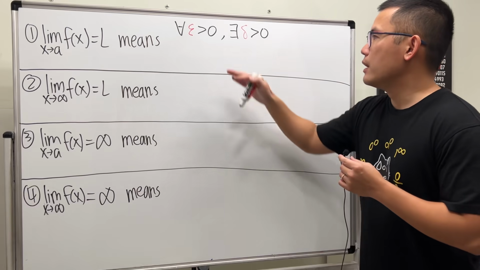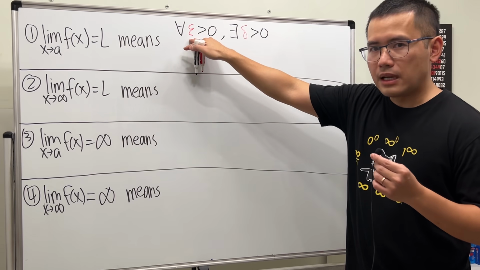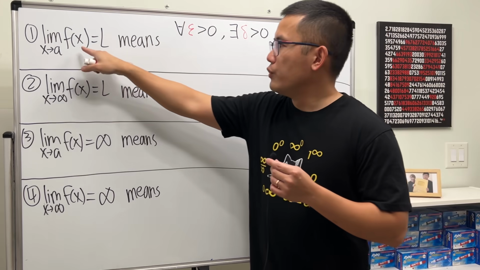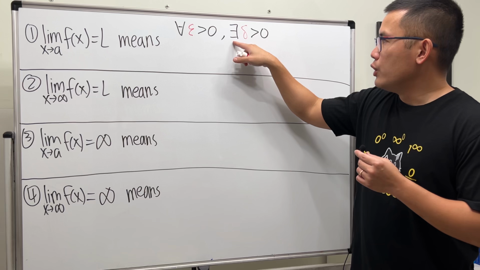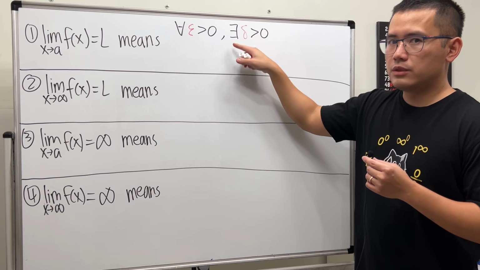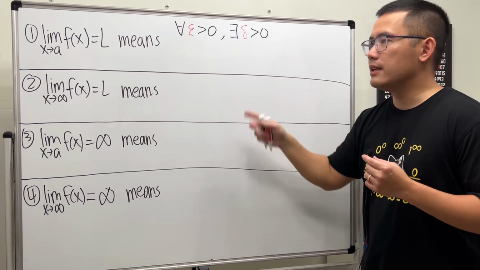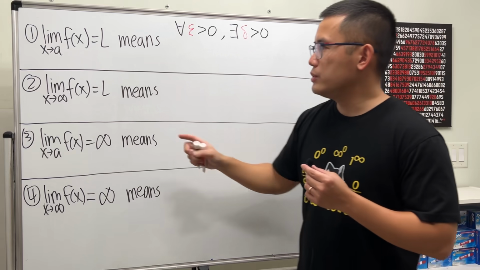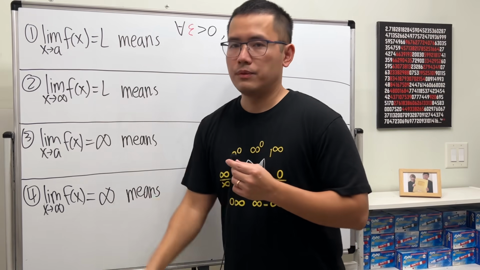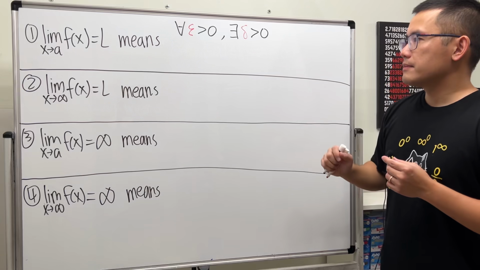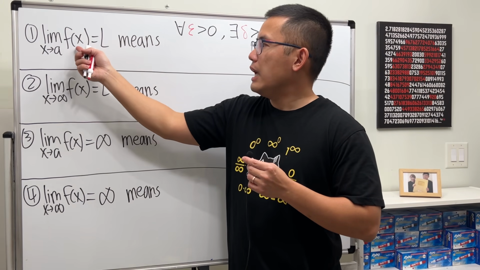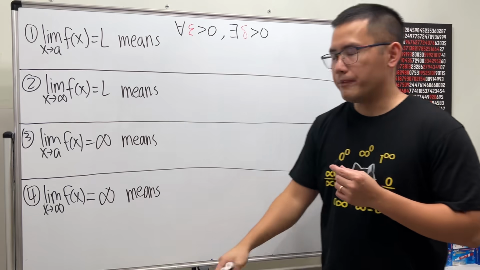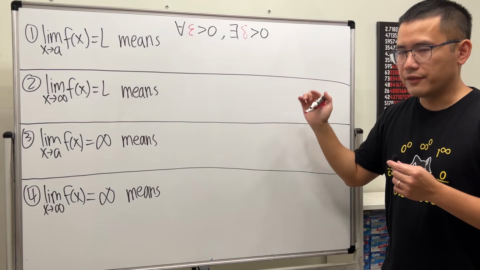So once you tell me epsilon, this is how close you want f of x to be to L, then you will be able to find a distance. There exists means that you can find a distance, and this distance tells you how close x is to a. So when this happens, f of x is going to be close to L. And this is how we are going to write down the rest.